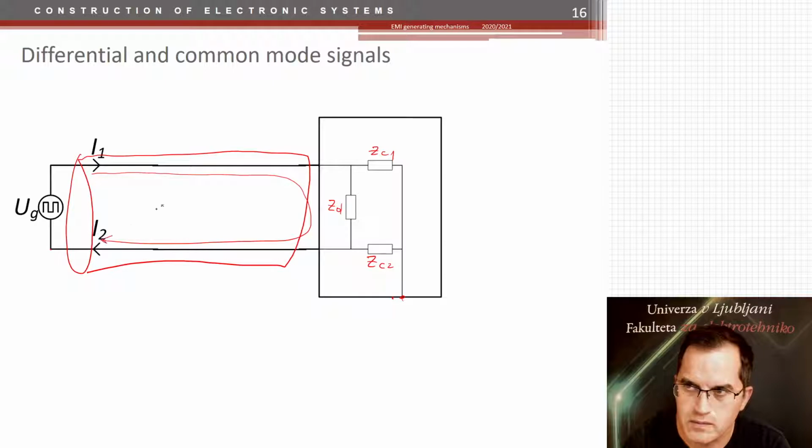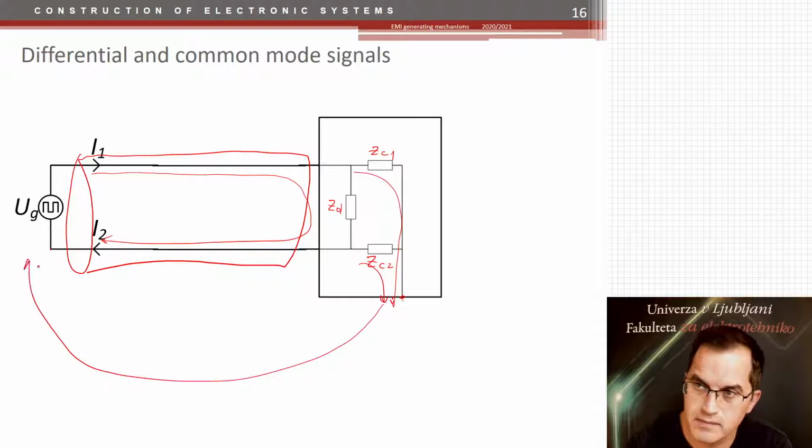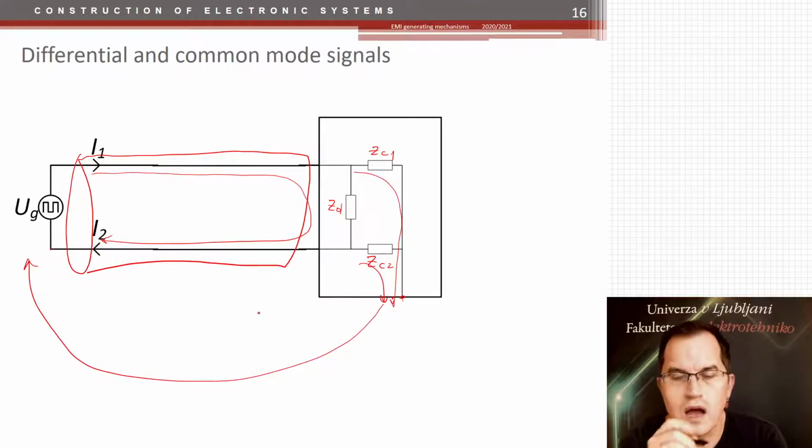Now, what if a small portion of that current runs also through here and here? Where does it return then? Well, it returns somewhere else, and this somewhere else could be, let's say, here. So how is it possible that the current returns on some third path, even though there is no cable there?